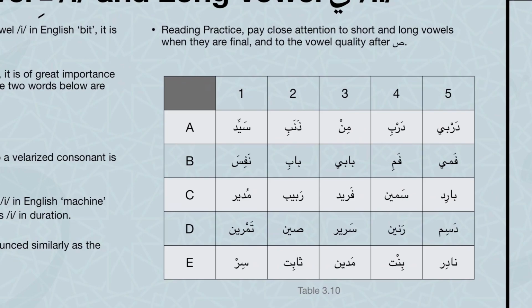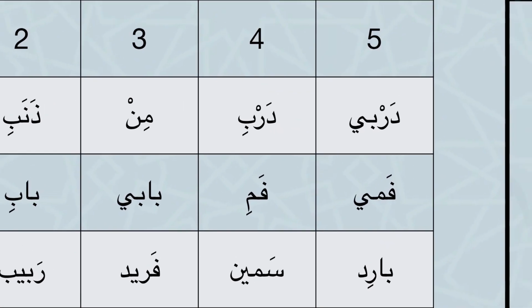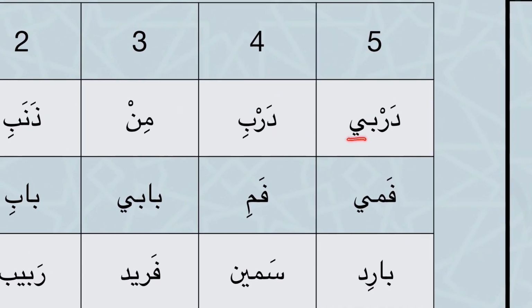Da, r, bi, darbi, or daribi. Now, this is also one of the words that will be, or this ye in the end. This ye, given that there's no vowel, so it's a long vowel kasra, so it's darbi.